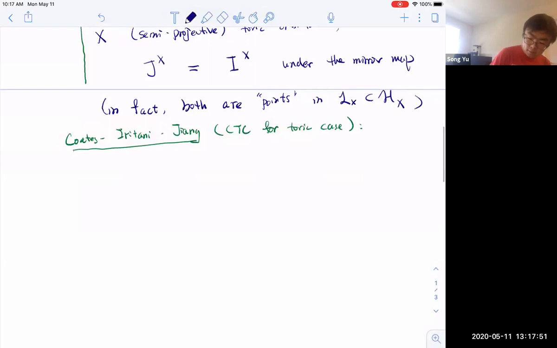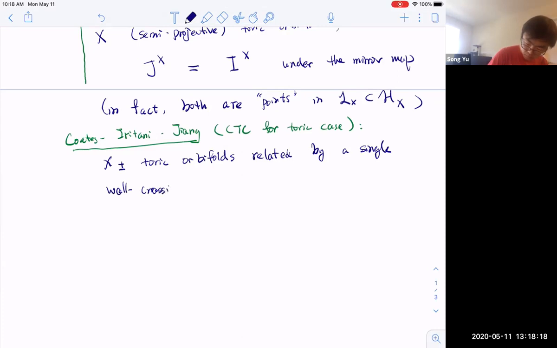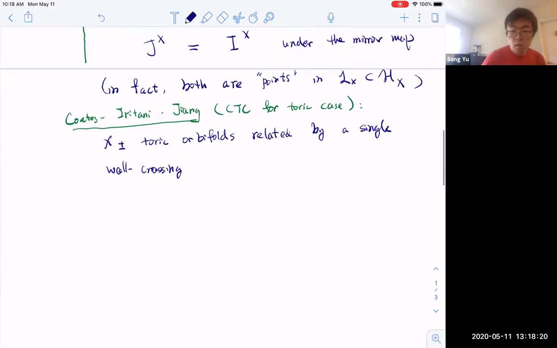Okay, so as before, we let X plus/minus be toric, semi-projective toric. I'll always make this assumption. So toric orbifolds related by a single wall crossing in the secondary fan.